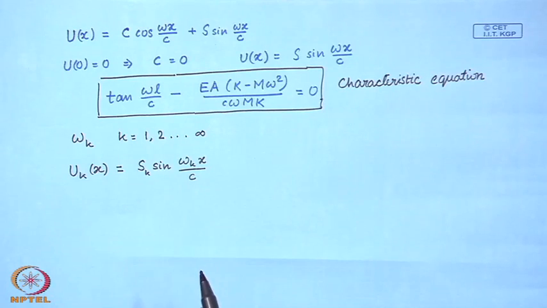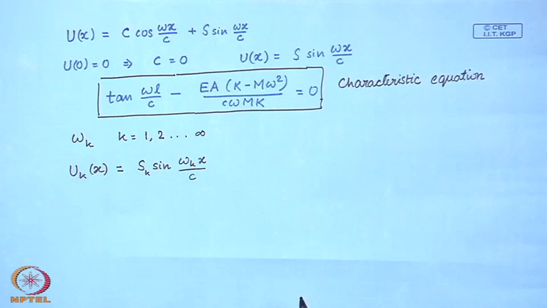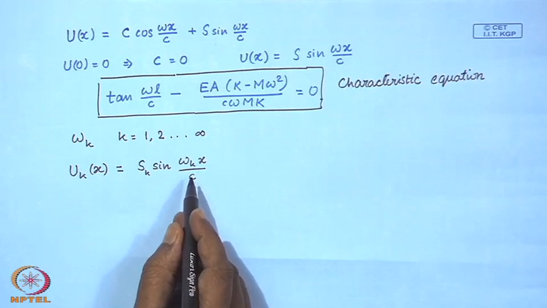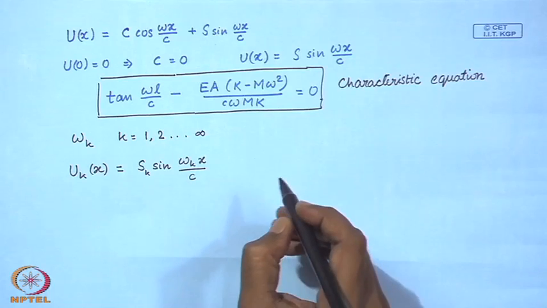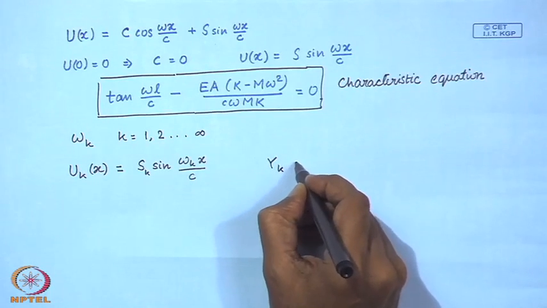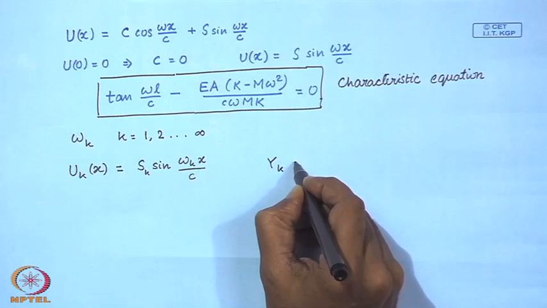for the bar, and corresponding to these eigenfunctions you can now find the amplitude of the discrete mass.